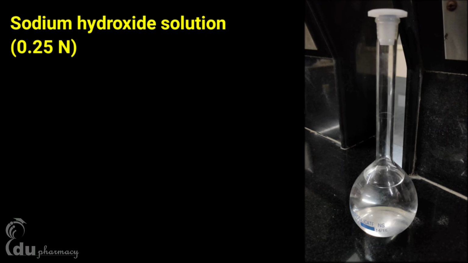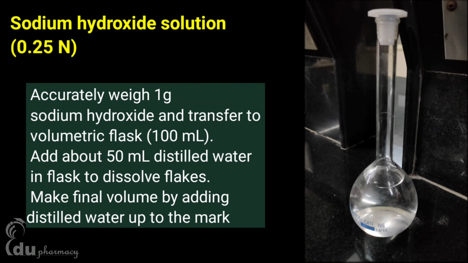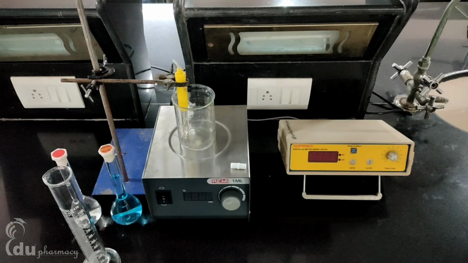The next chemical we will need is a 0.25 normal sodium hydroxide solution. To prepare it, we must transfer 1 gram of sodium hydroxide in a 100 milliliter volumetric flask, and the volume has to be made up with distilled water. Here is the setup for the experiment.